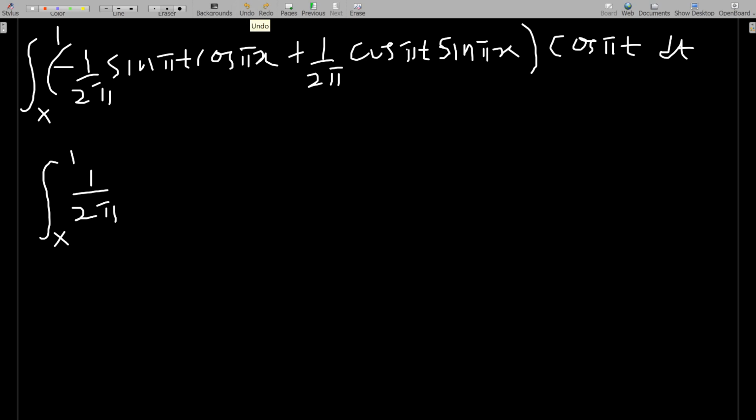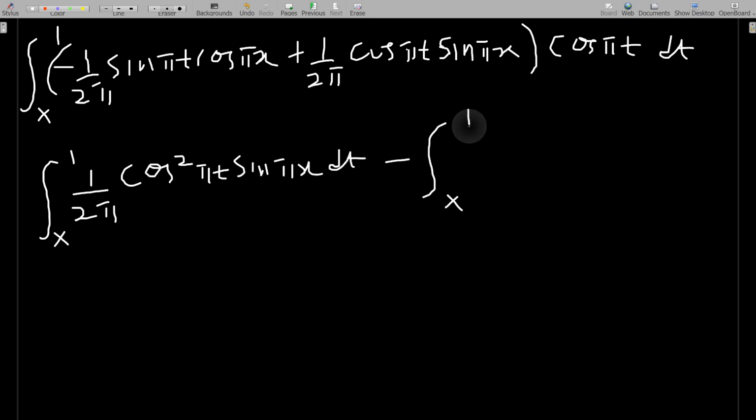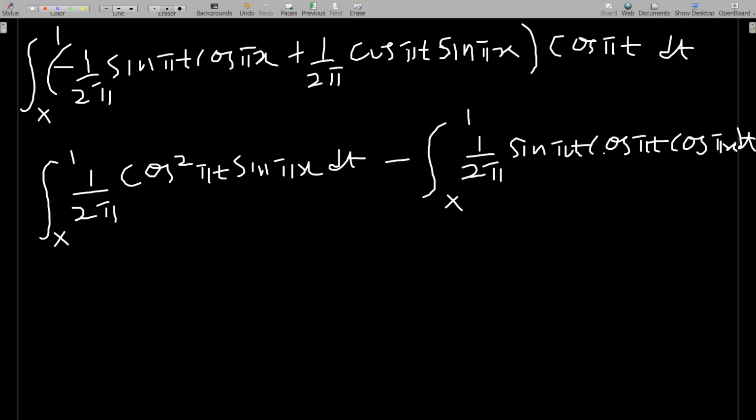So I have cos squared pi t, sine pi x dt, minus the integral from x to 1 of 1 over 2 pi sine pi t cos pi t cos pi x dt.